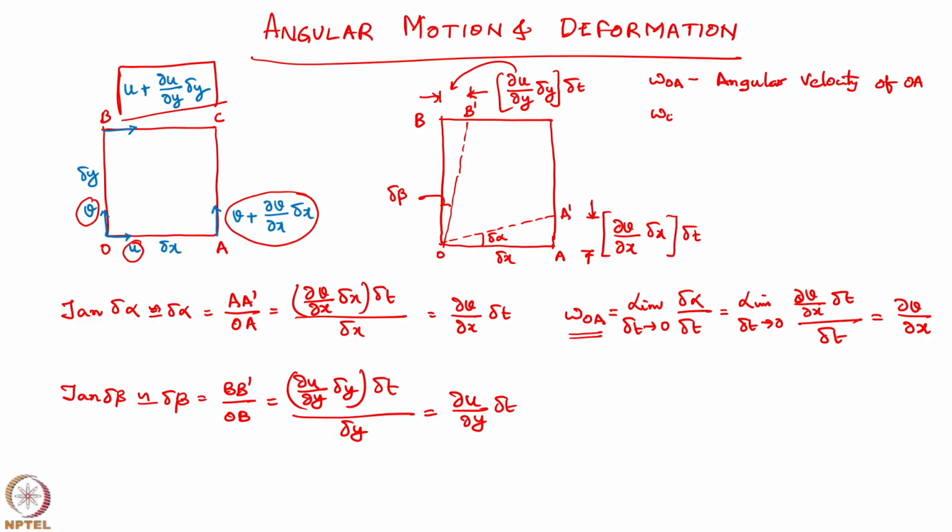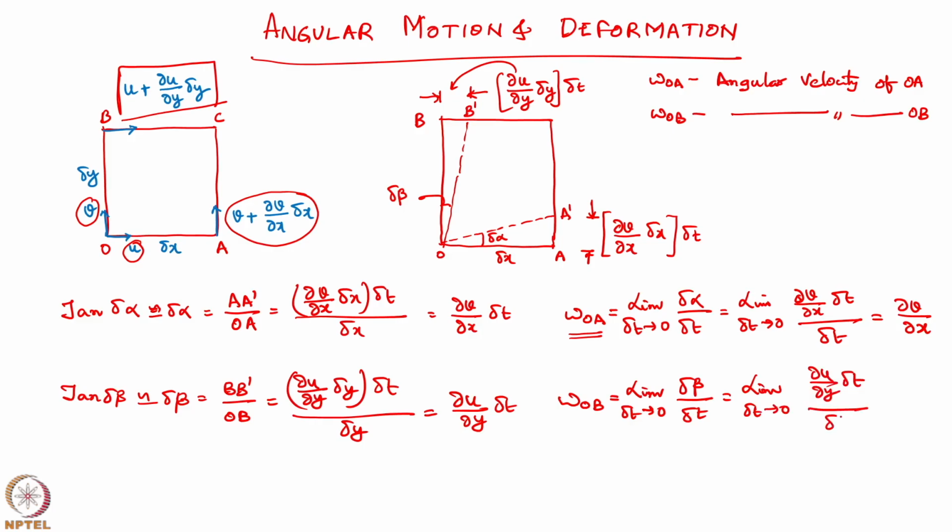So, omega OB is the angular velocity of OB. Omega OB equals limit as delta t tends to 0 of delta beta by delta t, which is limit as delta t tends to 0 of ∂u/∂y delta t divided by delta t, which is equal to ∂u/∂y. Okay. So, this is omega OB.